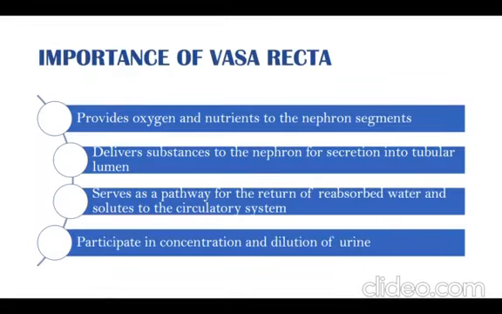So vasa recta is important. It provides oxygen and nutrients to the nephron segments, delivers substances to nephrons for secretion into the tubular lumen, serves as a pathway for the return of reabsorbed water and solutes to the circulatory system, and participates in concentration and dilution of urine.